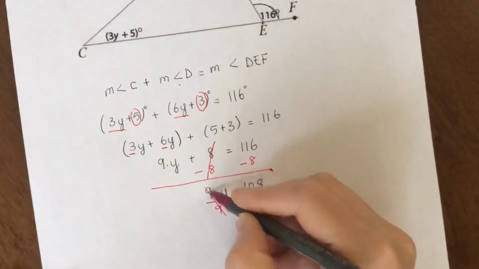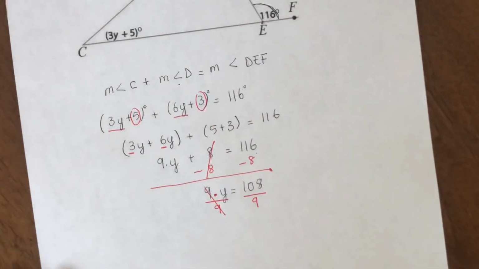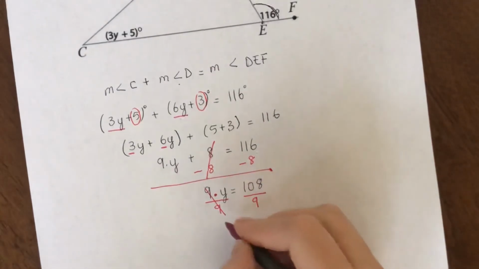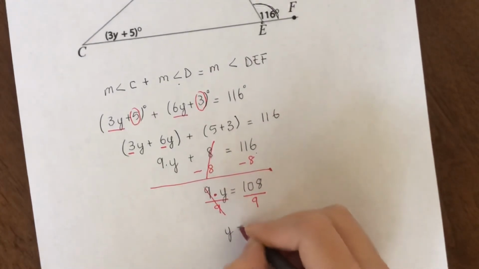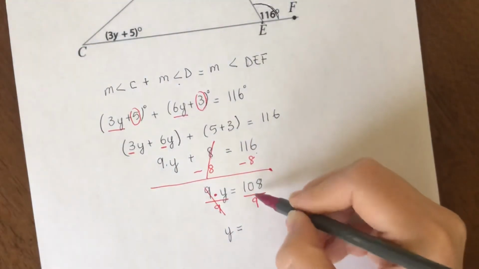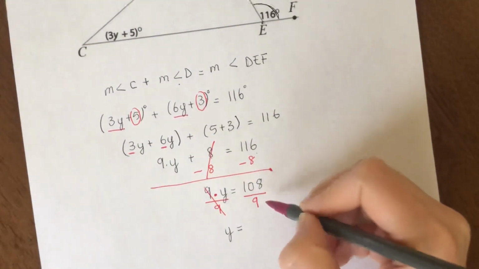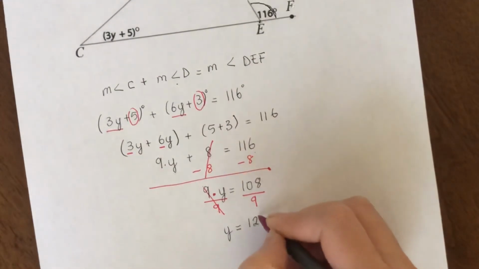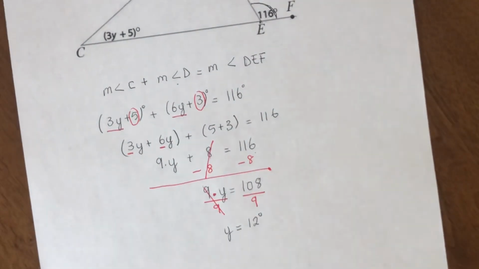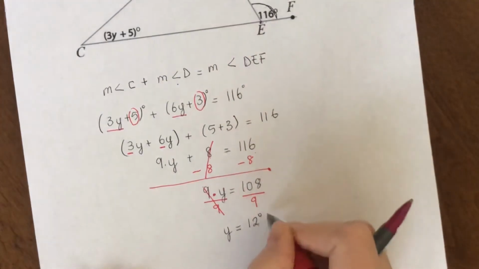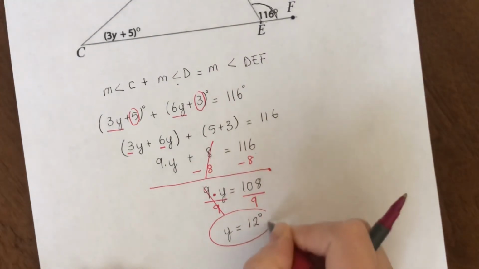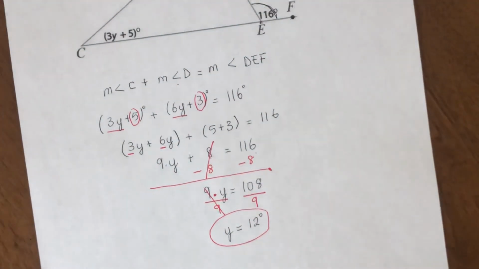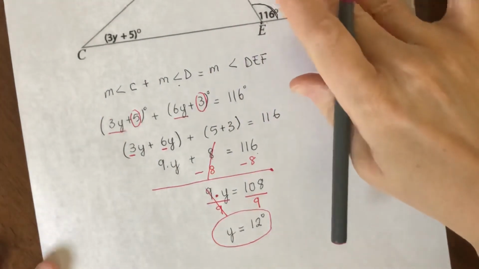So 9 divided by 9 equals 1, right? 1 times y is only y. So 108 divided by 9 is 12 degrees. So we found the y value, and we can use the y value to find the measure of the angles.